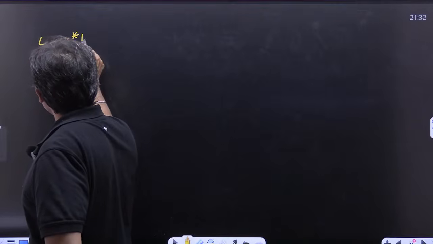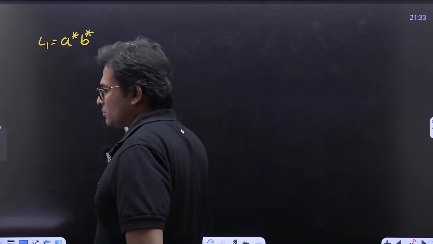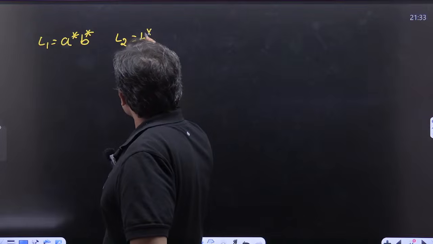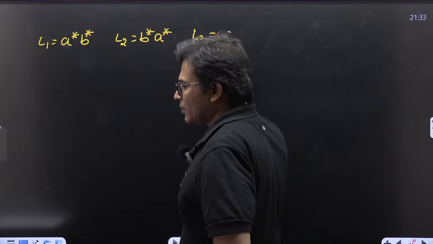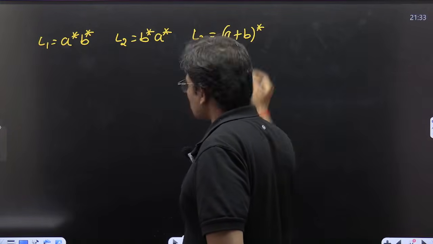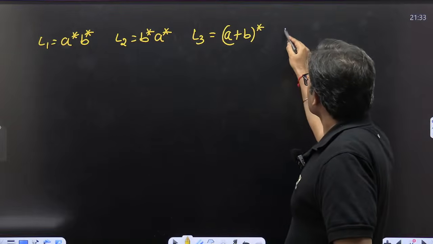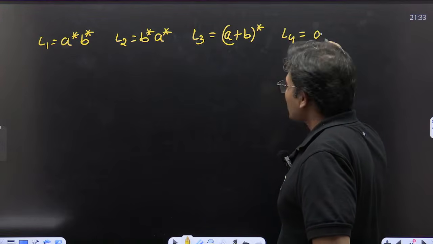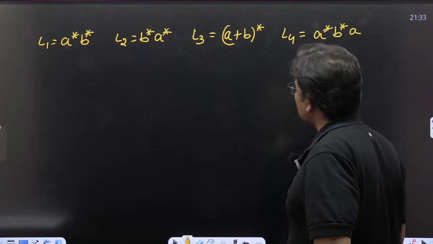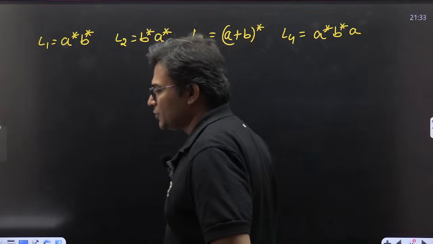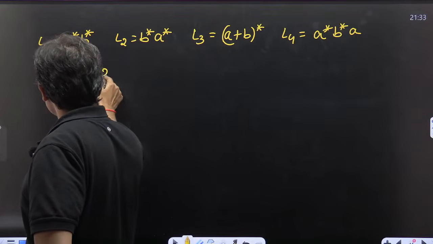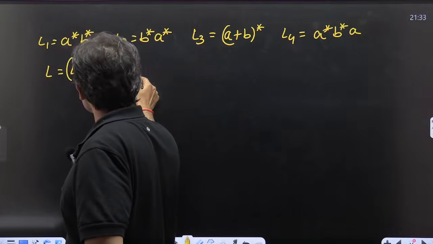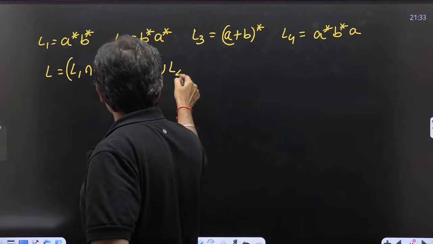L1 equal to A star B star, L2 equal to B star A star, L3 equal to (A plus B) star, and L4 equal to A star B star A. Now L equal to (L1 intersection L2) minus (L3 union L4).